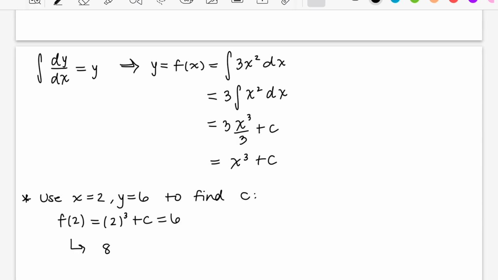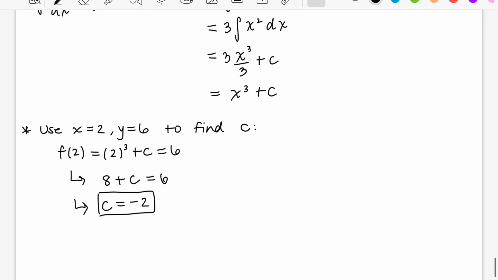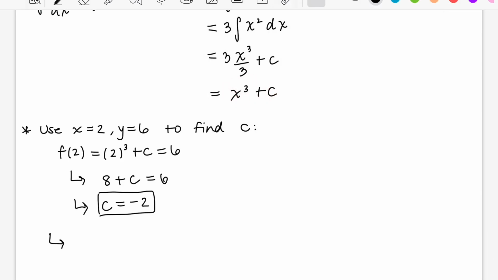So 8 plus c is equal to 6, and solving for c, we get that it's equal to negative 2. And then once we have our value for c, we'll plug that into our equation. So y is going to be equal to x cubed minus 2.